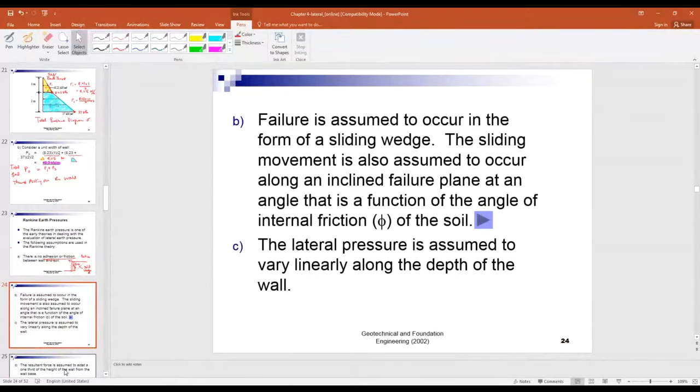And the failure is assumed to occur in the form of a sliding wedge, as I have shown you in the previous slide, the triangular piece of the soil mass. It is going to occur along an inclined plane of failure, at an angle which is a function of the internal friction.